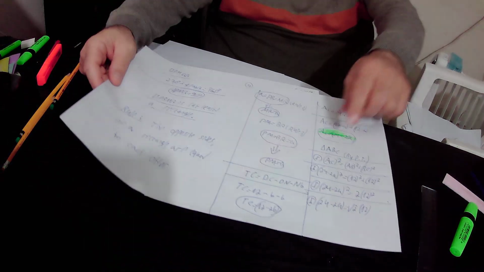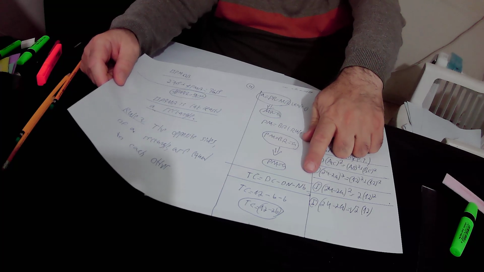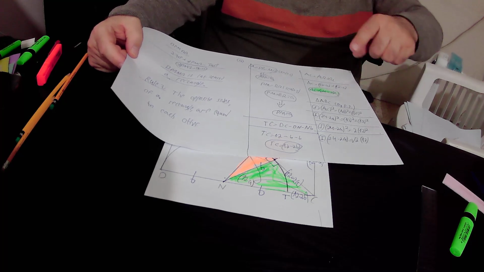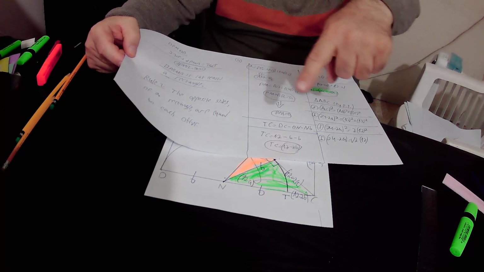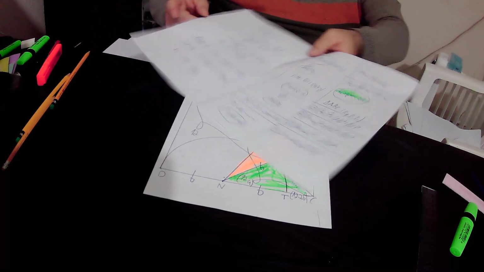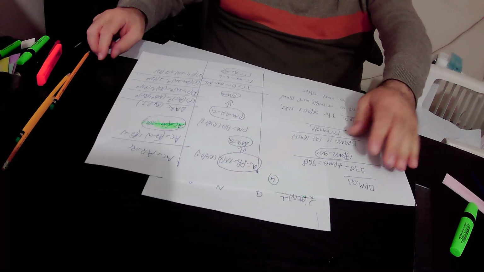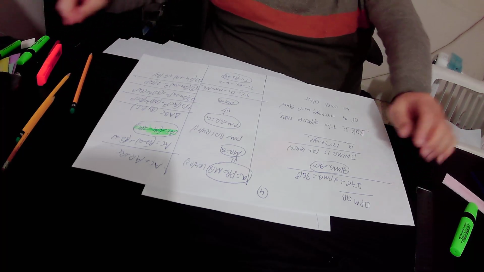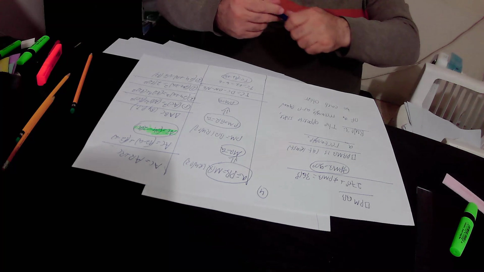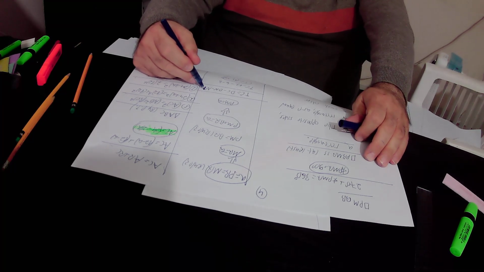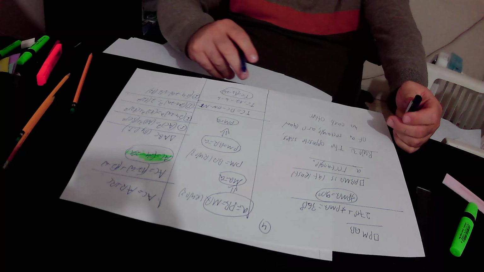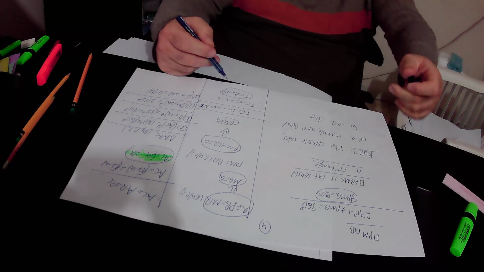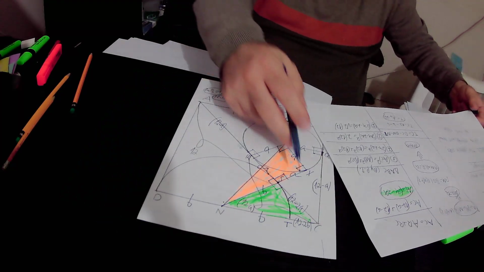So we found out that TC equals DC, that is 12, minus DN, that is b, and minus NT, that is also b. In conclusion, we found out that line segment TC equals 12 minus 2b.